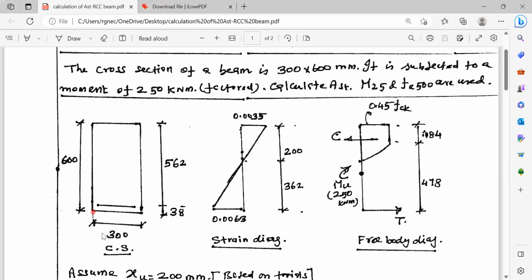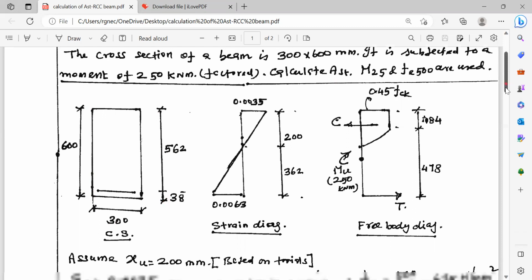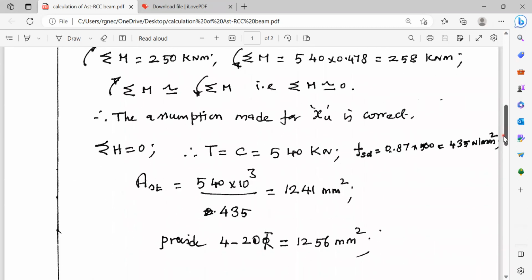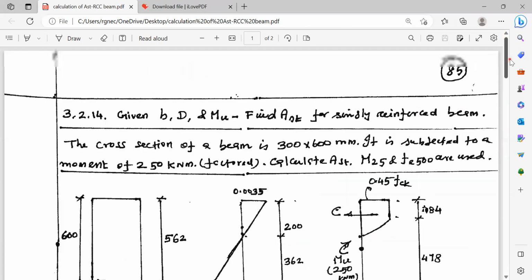You can see here the cross section is 300 mm. The total depth is 600 mm and the cover of the reinforcement is 38 mm because we are assuming some diameter of the reinforcement, in the range of 25 mm or 30 mm.